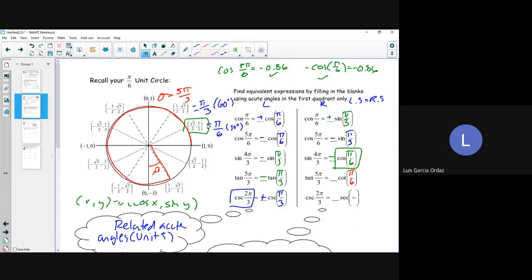So we have tan of pi over 6 is equal to 1 over 2 divided by root 3 over 2, so you would flip that. So tan of pi over 6 is 1 over root 3. So what would cotangent of pi over 6 be?